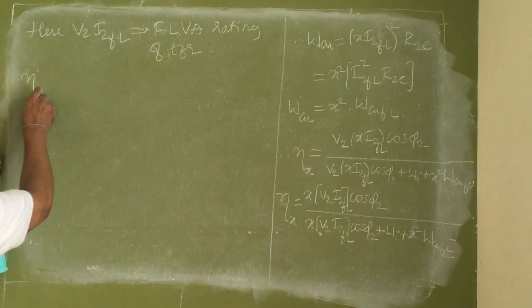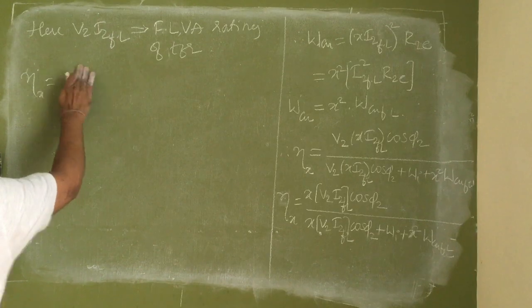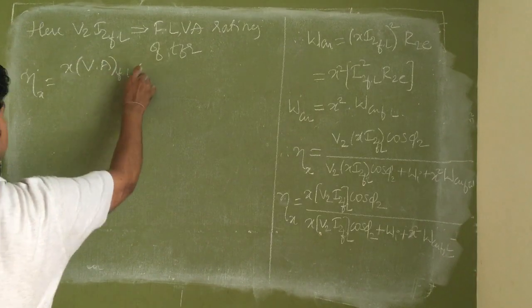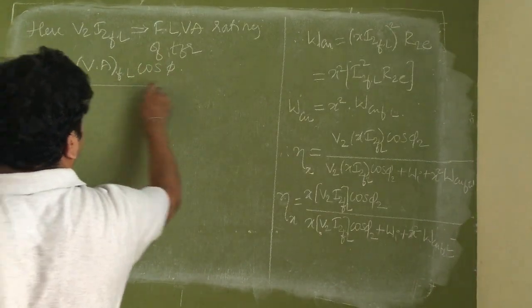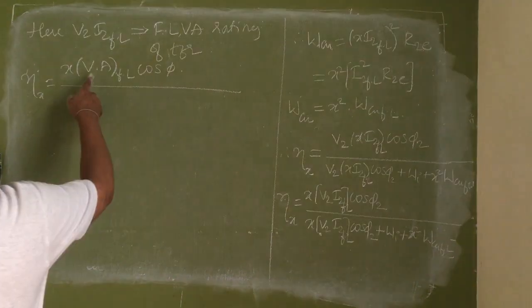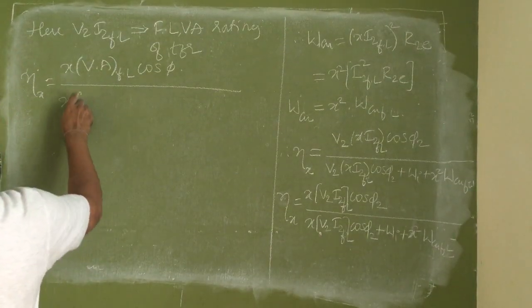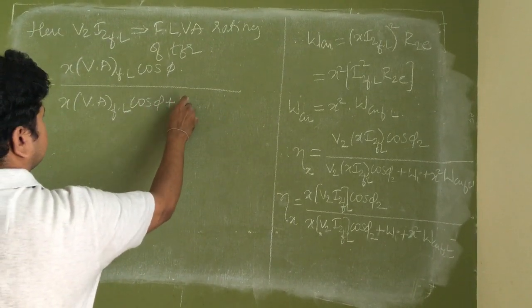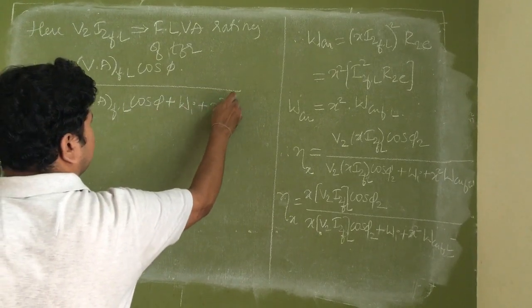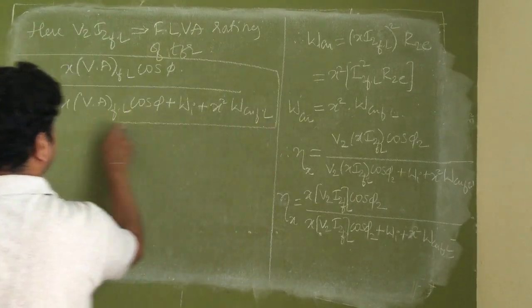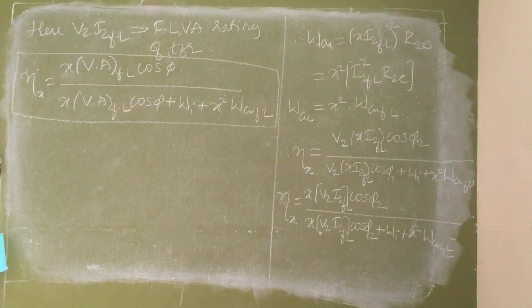Therefore, efficiency at any load is equal to x VA full load cos phi. I will not write cos phi 2 because in this expression cos phi is implicitly the load power factor. So x VA full load cos phi, divided by x VA full load cos phi plus Wi plus x square W_cu full load. Now this is the expression for the efficiency of the transformer at any load condition.